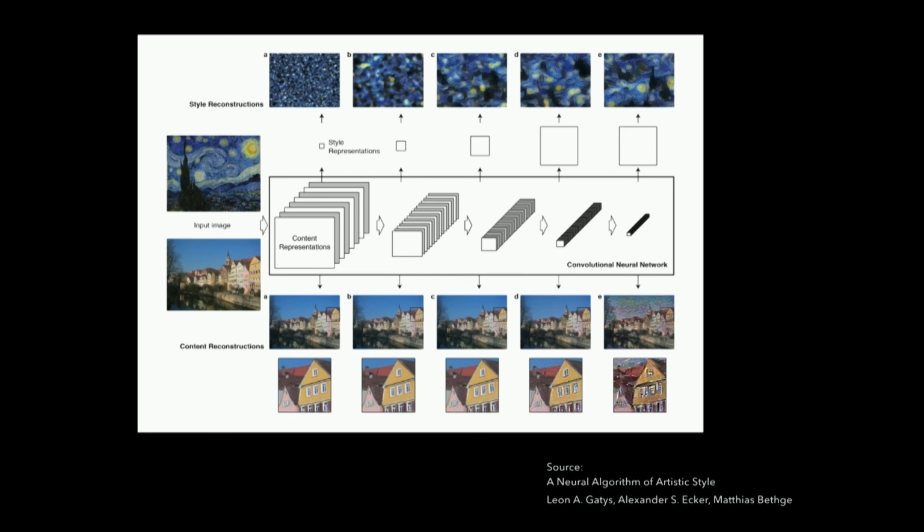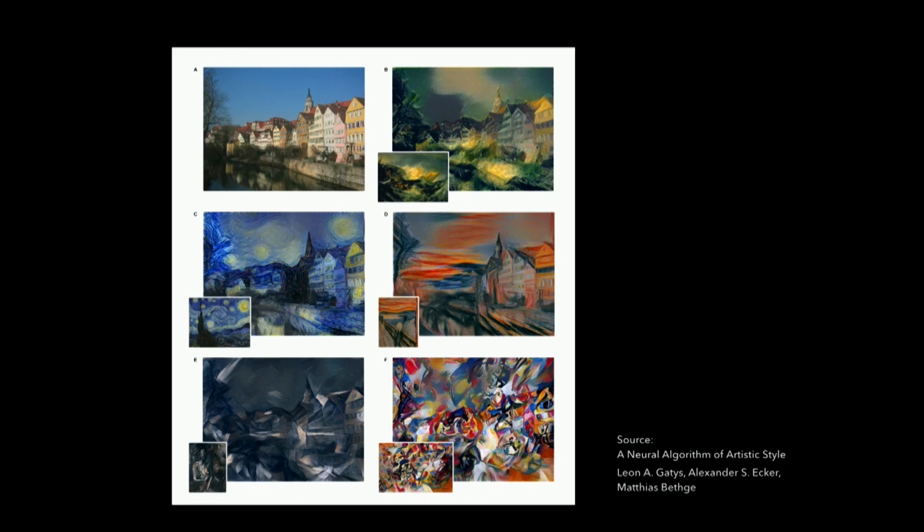They're feeding a painting into the system, and this system is learning about the distinct features of this painting. And then our authors are passing in a photograph, and our system is learning about all the distinct features of this photograph. And then our neural network takes what it's learned about both pictures and combines them into a single image.